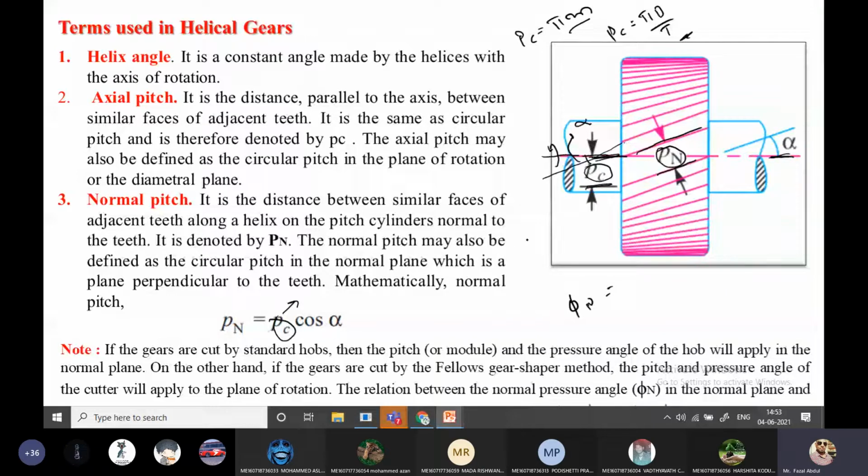The relation between the normal pressure angle is tan phi n equals tan phi into cos alpha. This relation will help to calculate any one of the unknown values, maybe phi n, maybe phi, maybe alpha.